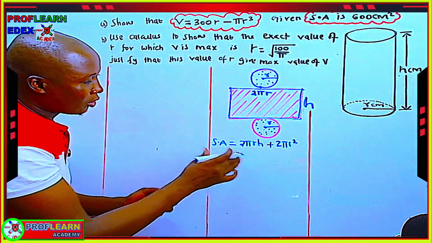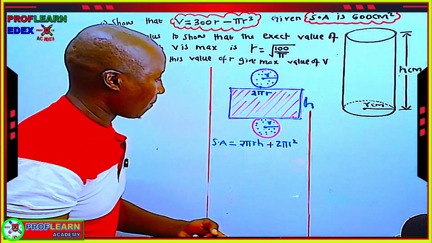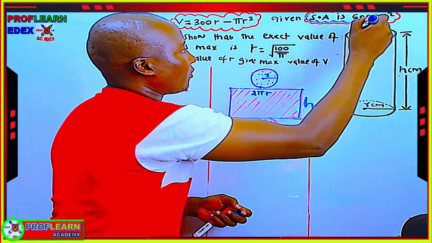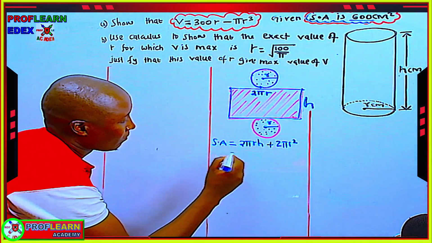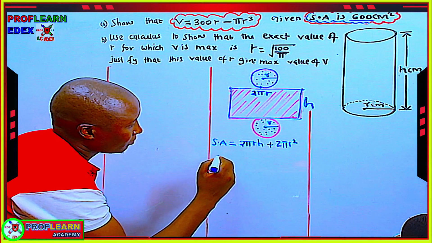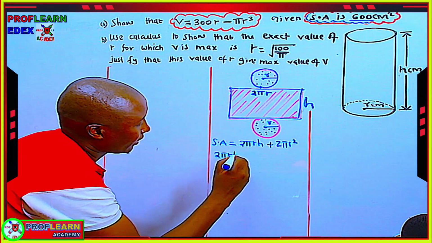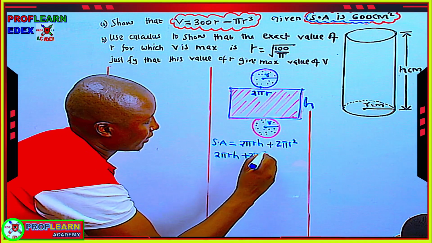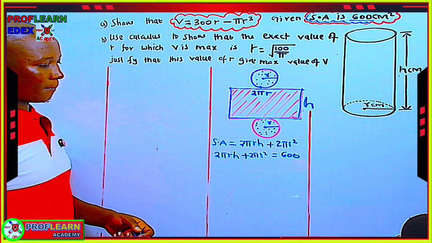Now this is our surface area, and the surface area is equivalent to the value we are given, which is 600 centimeters square. So we can say that 2 pi r h plus 2 pi r squared is equivalent to 600.